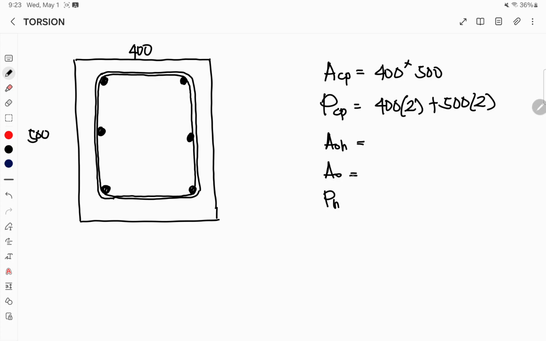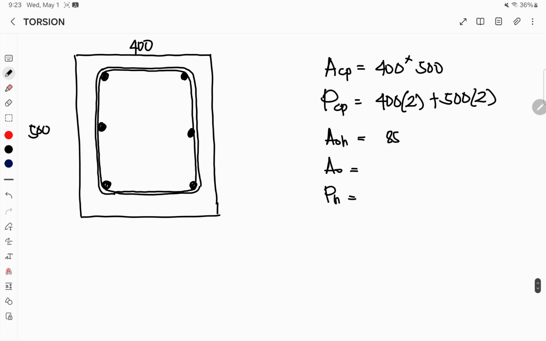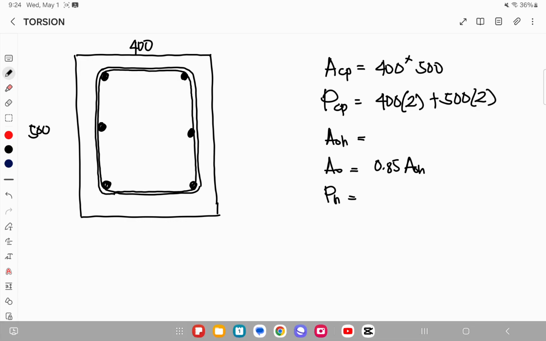The Ao is just 0.85, or 85%, of Aoh. So Ao would be 0.85 of Aoh, and Aoh is just the area enclosed by the stirrup.